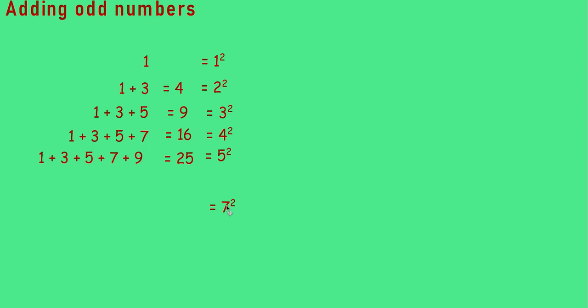If it is so, what will be 7 square? Yes, it will be the sum of successive 7 odd numbers, 1, 2, 3, 4, 5, 6 and 7. If you add this, you will get 49, which is equal to 7 square.